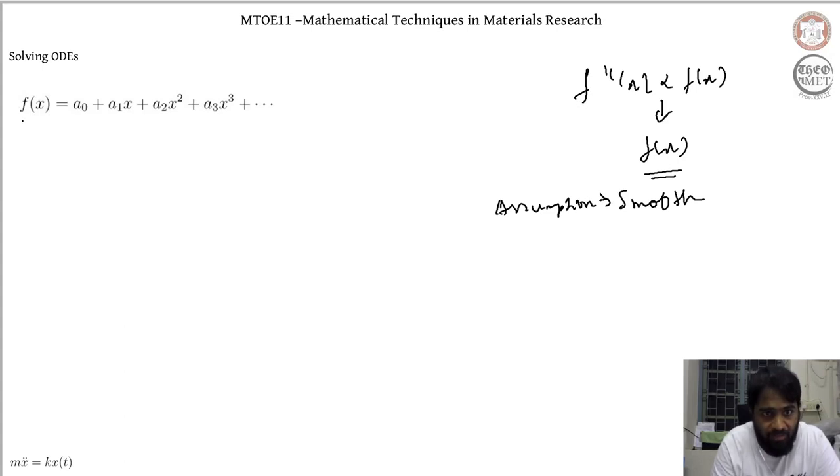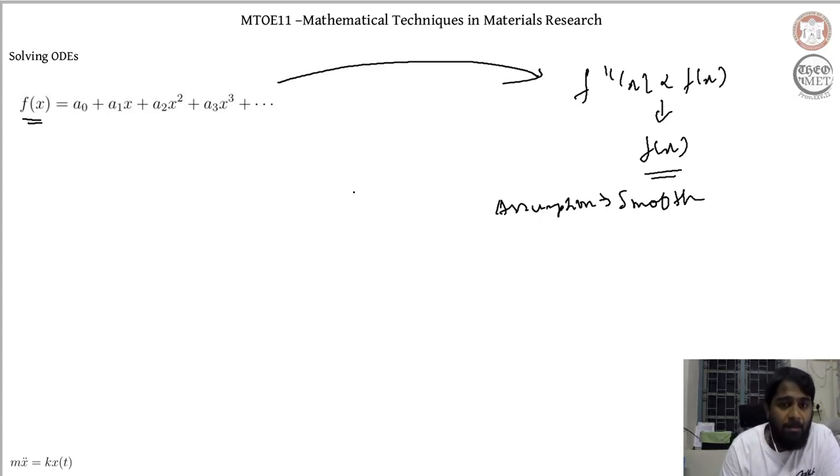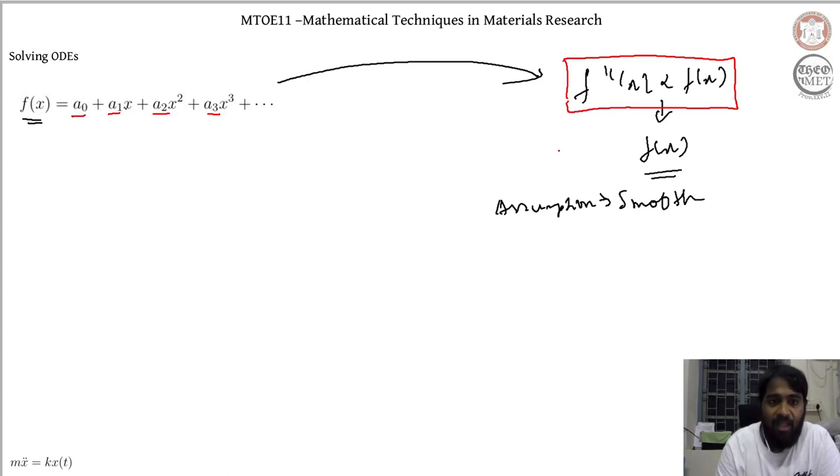So I assume that this solution f of x, which is expressed in this way, is the solution for my original equation. This is my variable x, the primary variable, and if I am able to find out the unknowns in this expression, that is a0, a1, a2, a3 and so on, in view of this mathematical relation, then I will be able to come up with a solution that satisfies this expression here.